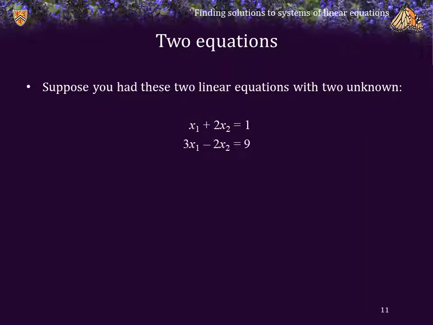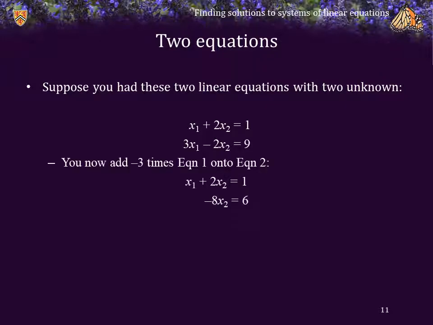We're now going to look at two equations and two unknowns, and we're going to look at three possibilities. The first one is the general case. Here we have two equations and two unknowns. From secondary school, you would have known that you should add negative 3 times equation 1 onto equation 2.